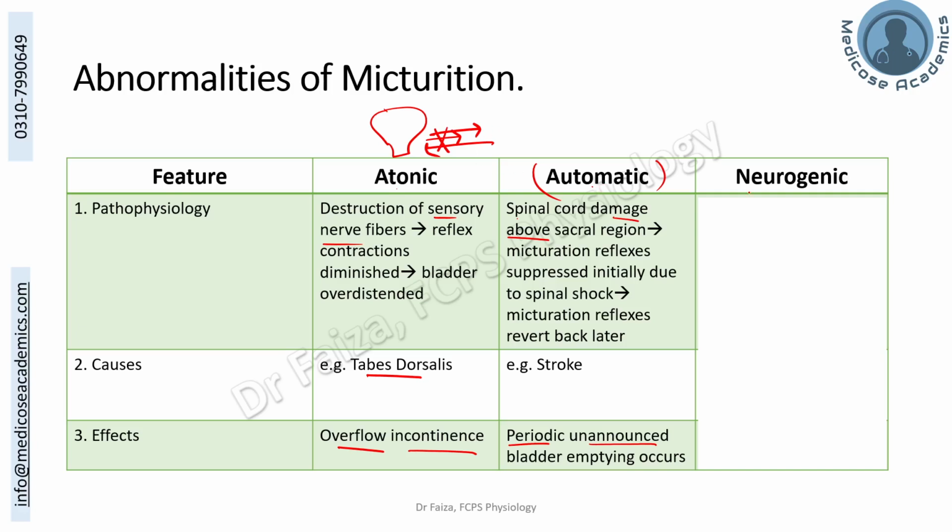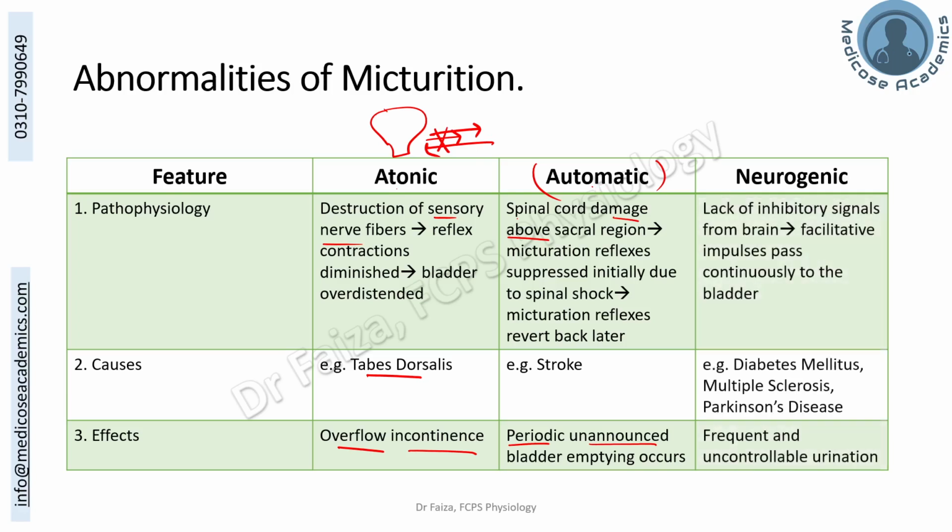The third abnormality we see over here is the neurogenic bladder, and the problem over here is because of imbalance between the facilitatory and inhibitory signals from the higher brain centers. The facilitatory areas are working, but there is lack of inhibitory signals from the brain. When the facilitative impulses take over, they will decrease the threshold.